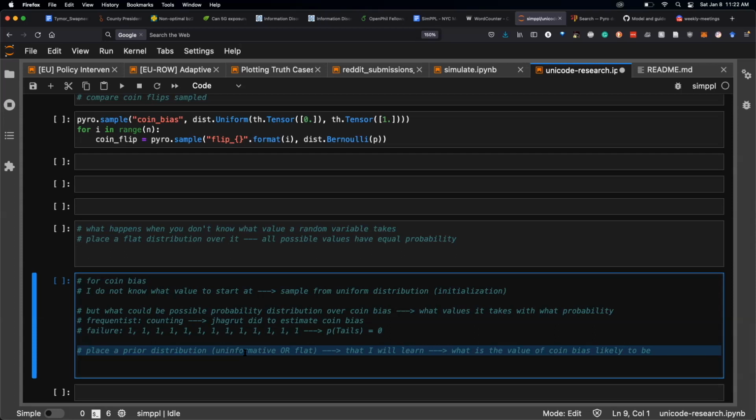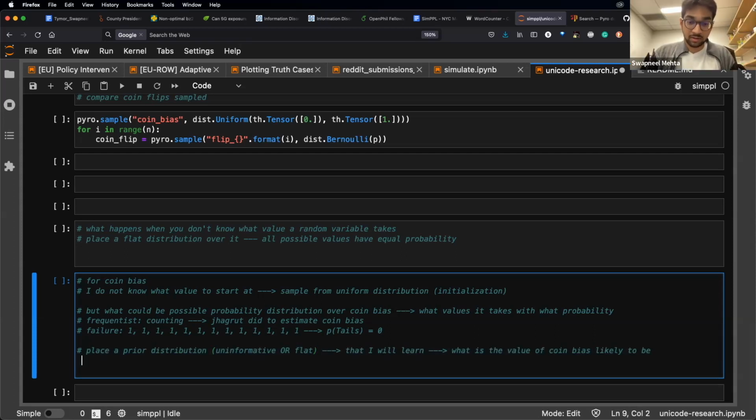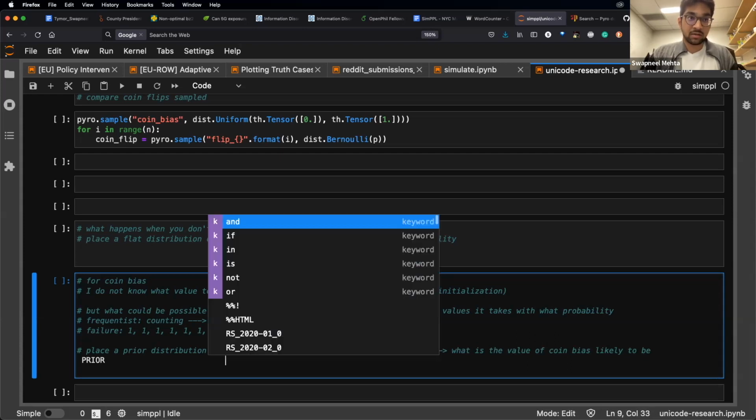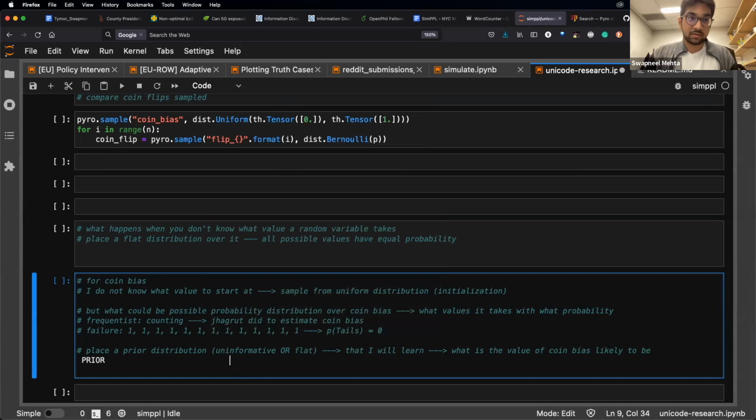Yep. That is exactly what this is called, prior distribution. And this learning will lead us to a posterior distribution. I will get to an example with both of these things, but these are just distributions before and after seeing the data.